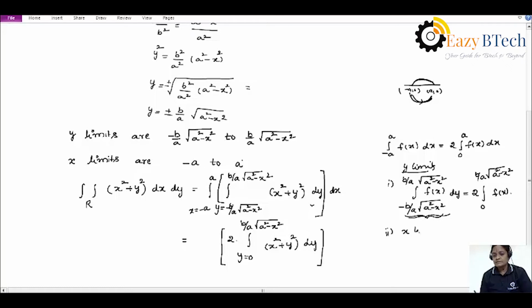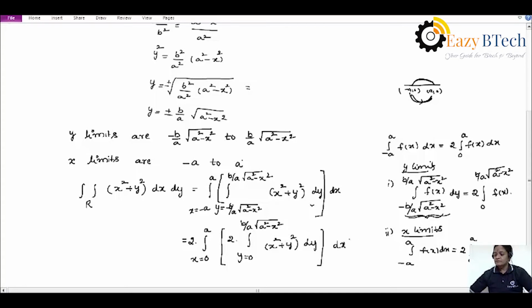X limits. So x limits are minus a to a of f of x dx. Then according to the procedure, 2 into 0 to a of f of x dx. Since the limits are in terms of minus a to a, you may write 2 here and integral x is equal to 0 to a, then again dx here.